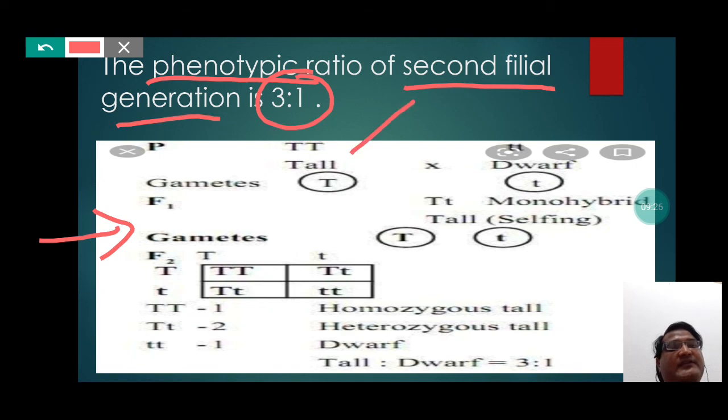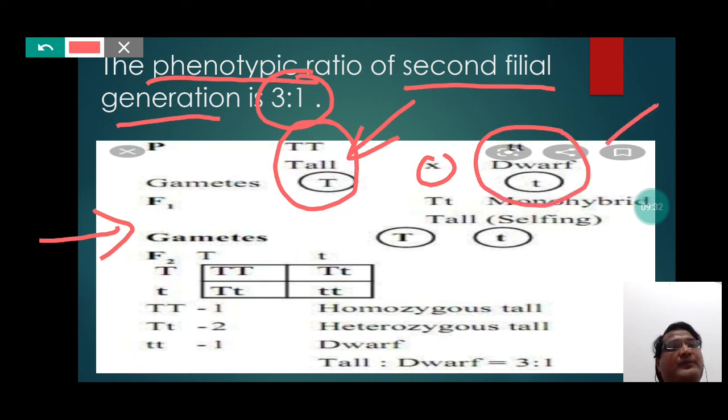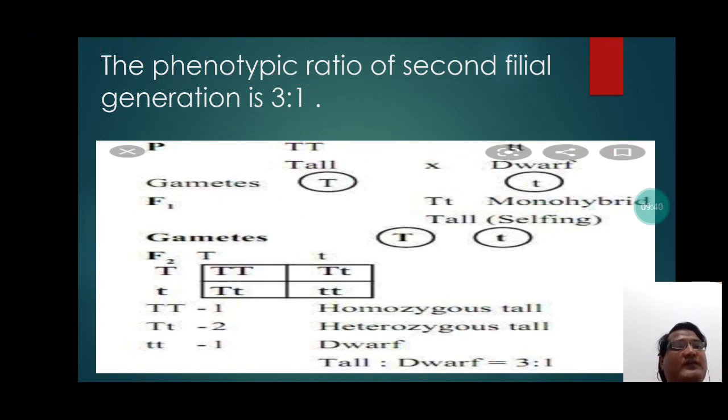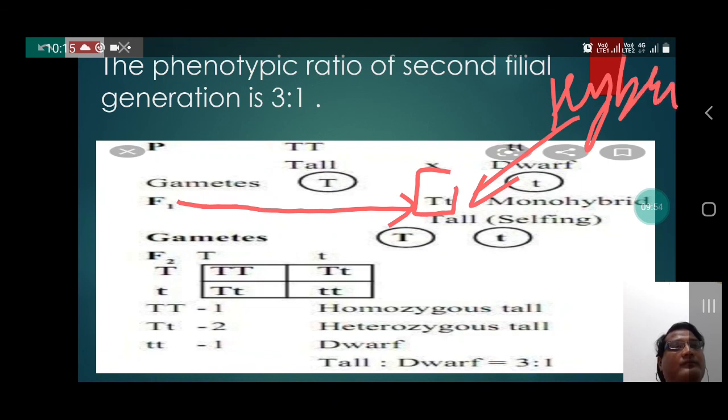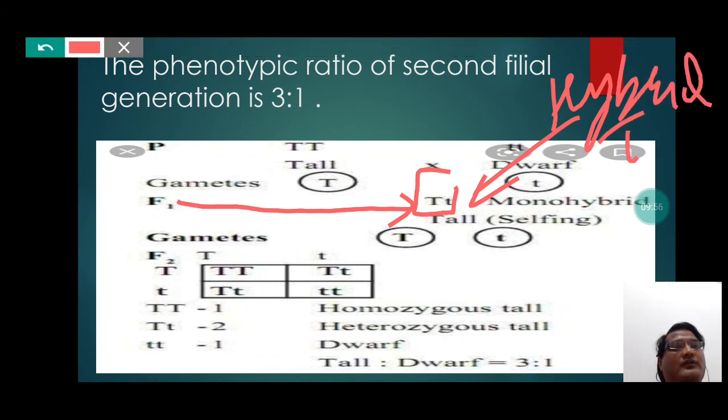Students, here we can clearly notice the tall pea plant is being crossed with the dwarf pea plant. The result of this in the F1 generation is the capital T small t, which is the hybrid tall.